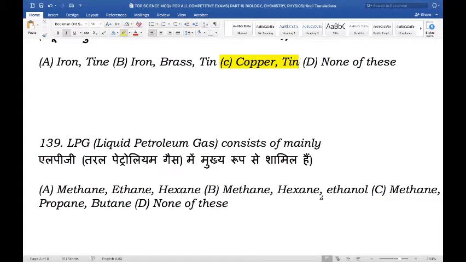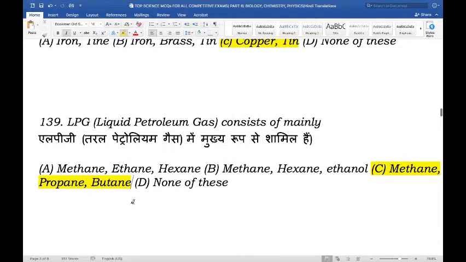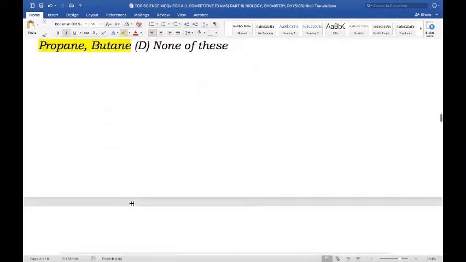So LPG consists of mainly C, methane, propane, and butane. LPG is extracted from crude oil and natural gases, and it is used in both domestic and commercial ways.